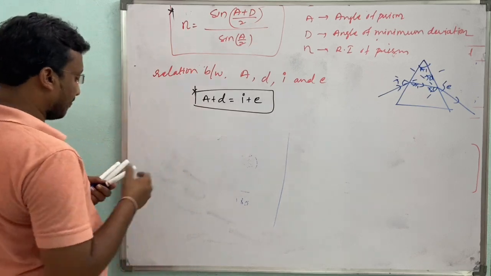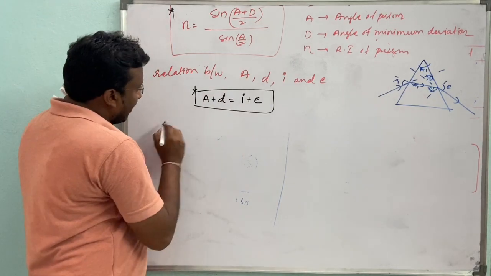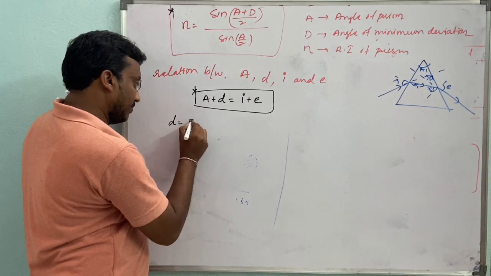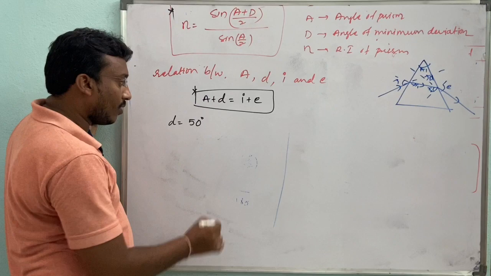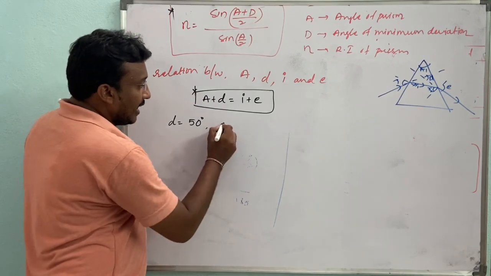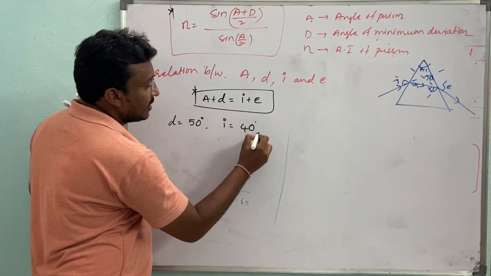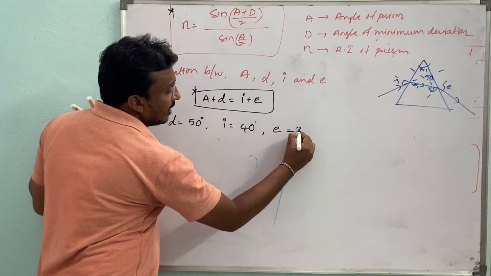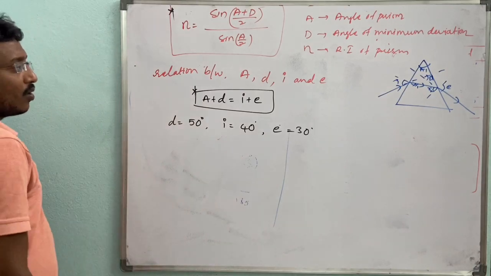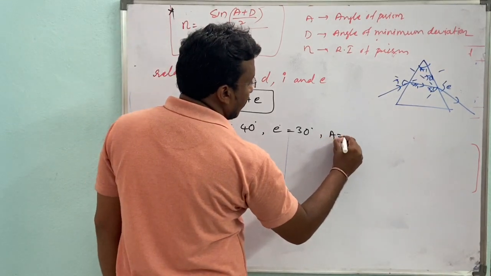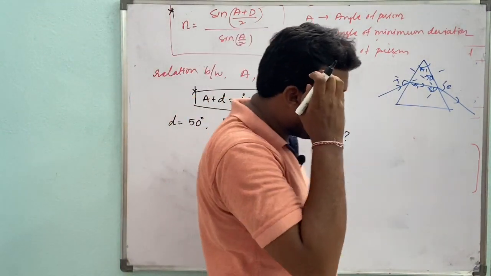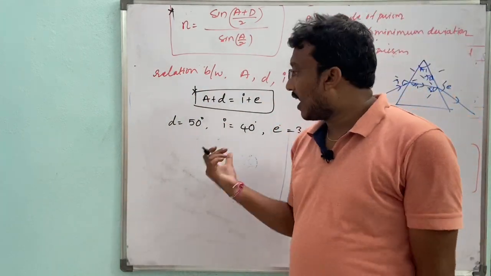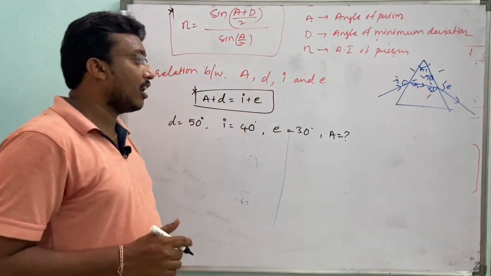Here is one example problem. Angle of deviation is given as 50 degrees, angle of incident is given as 40 degrees and angle of emergent is given as 30 degrees. What do we have to find here? A equal to, he will give the angle of deviation, angle of incident and angle of emergent, and ask to find the angle of prism.